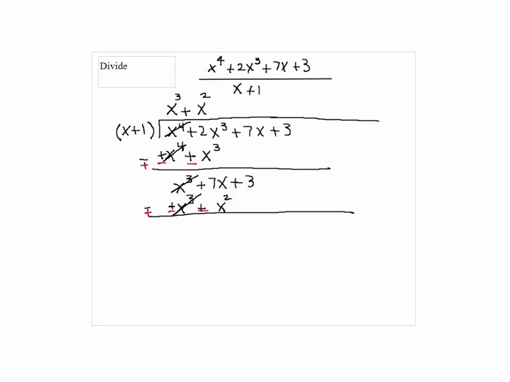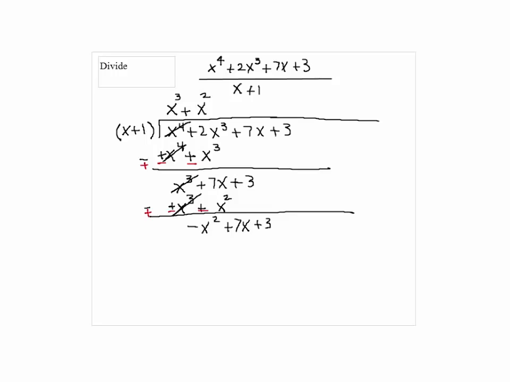And here we have to subtract. Then we subtract: we change the sign to addition and change the sign of each term to its opposite sign. So x to the power of 3 and x to the power of 3 add up to 0, when we have one positive and one negative. And here we have to be careful.